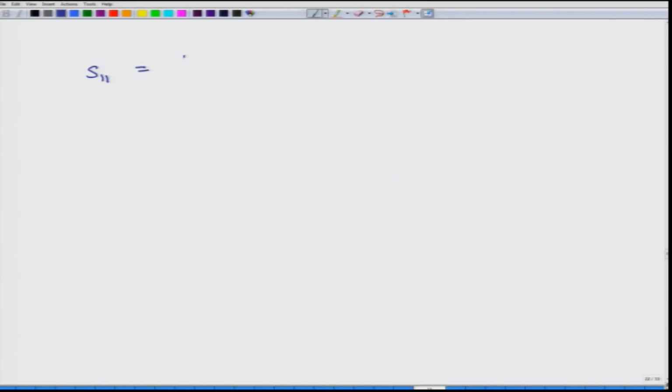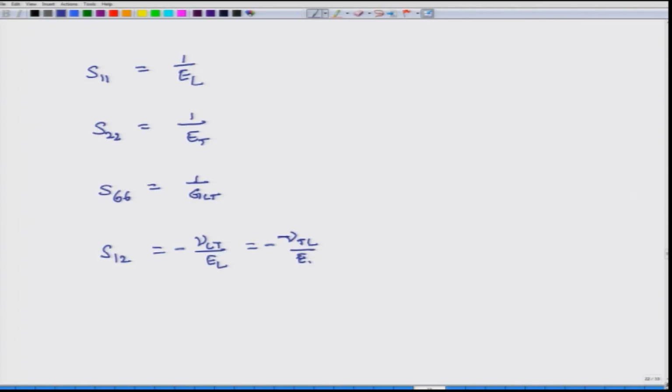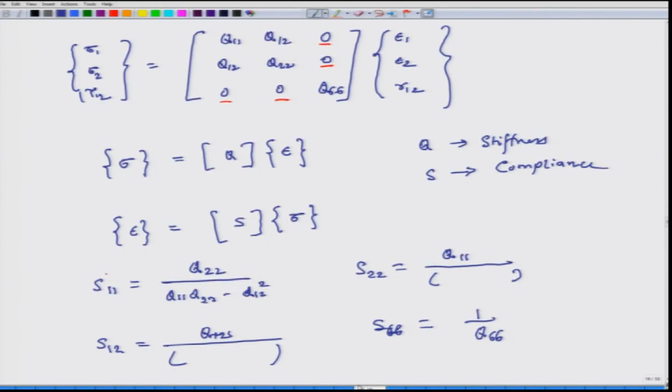S11 equals 1 over E L, S22 equals 1 over E T, S66 equals 1 over G LT, and the last one is S12 equals nu LT divided by E L, and this is the same as nu TL divided by E T, and nu TL equals nu LT into E T over E L. So, these are the relationships between the S matrix and engineering constants, and we have already explained the mathematical relationships between S's and Q's.